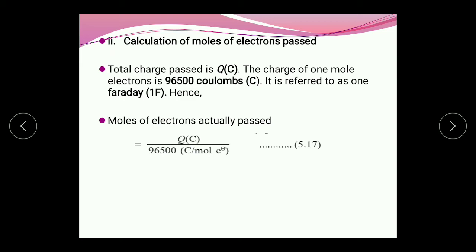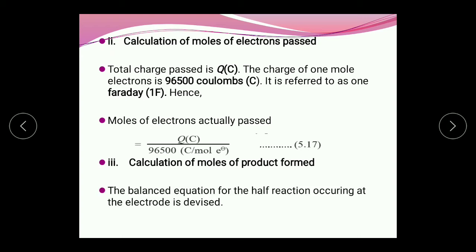Now, the third step is calculation of moles of product formed. We have calculated moles of electrons. Now, for the moles of product formed, we require some factors and we will learn that. The first thing, the balanced equation for the half reaction occurring at the electrode is devised.